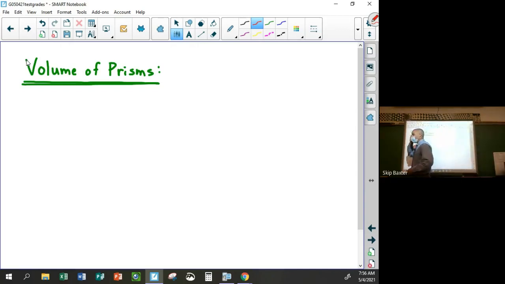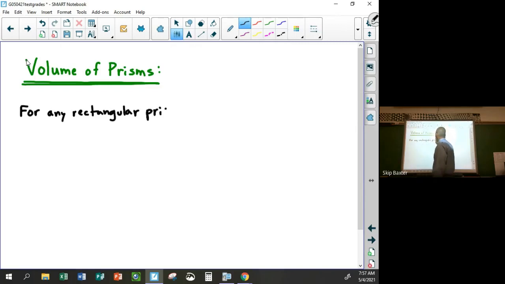So let's start with a rectangular prism, which is just like a box shape. Box shape like this.